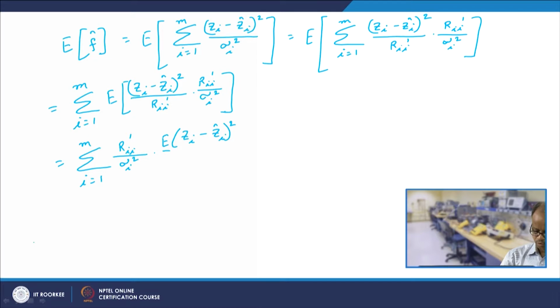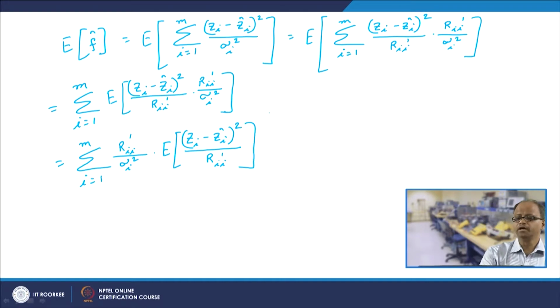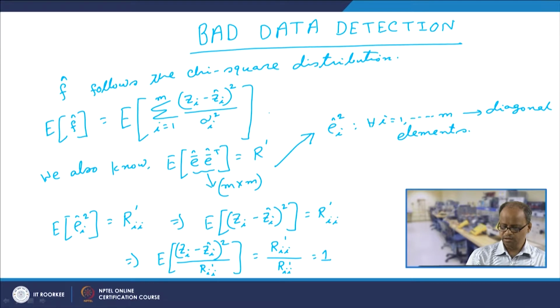let me write it more properly, the expected value of (Z I minus Z I hat) square by R I dash. Now, this quantity we have just seen is equal to 1.